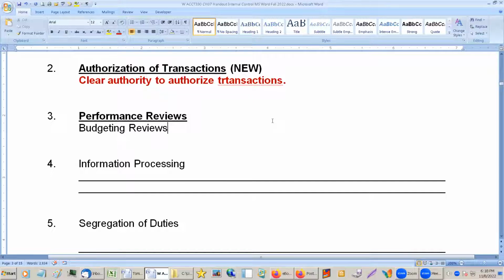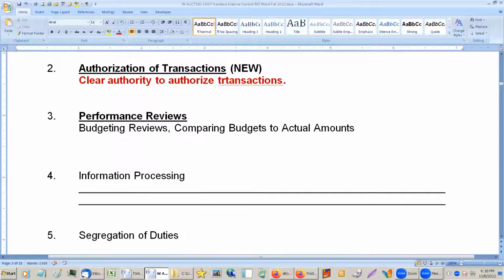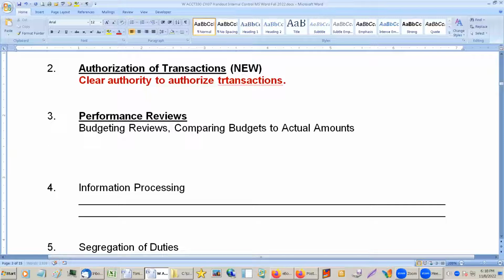Usually things along the lines of capital budgets, sometimes called appropriations.